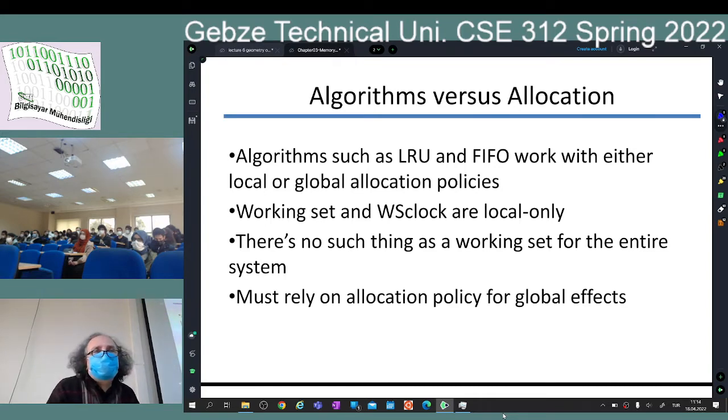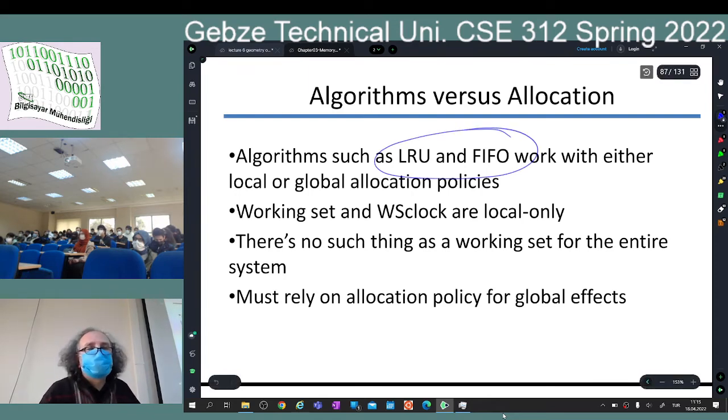I can do this for the whole pages, or I can run my FIFO for each process separately, or I can do this LRU for each process separately. So this LRU and FIFO are compatible with both local and global allocation policies.